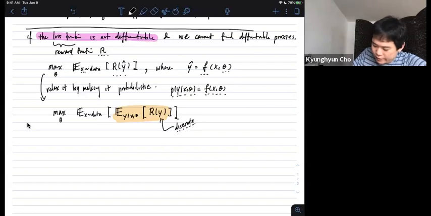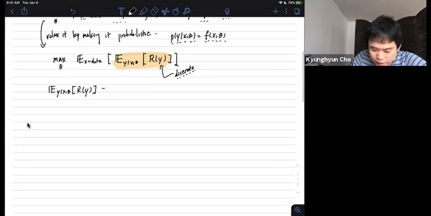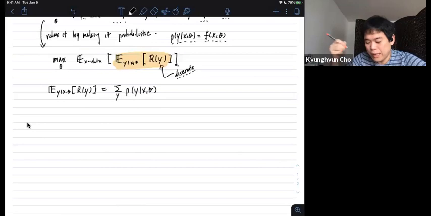Now, let's try to write this down. What we want to do is compute this expectation. This expectation is just a summation over all possible values of y. For each value y, we look at the product of the probability output by our machine assigned to that value of y, and the reward associated with it.